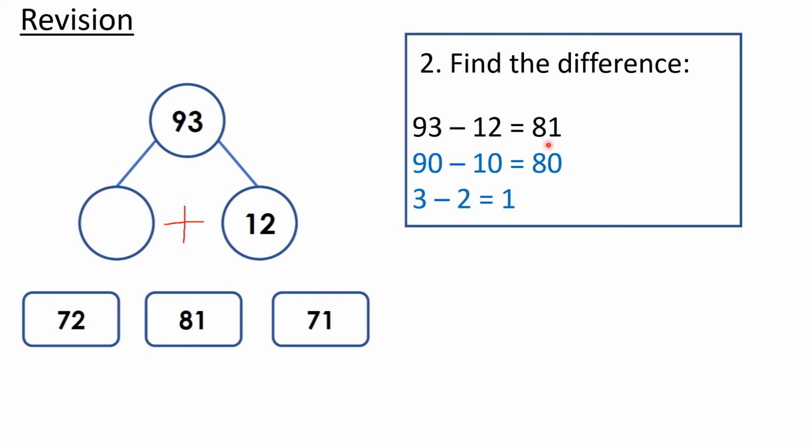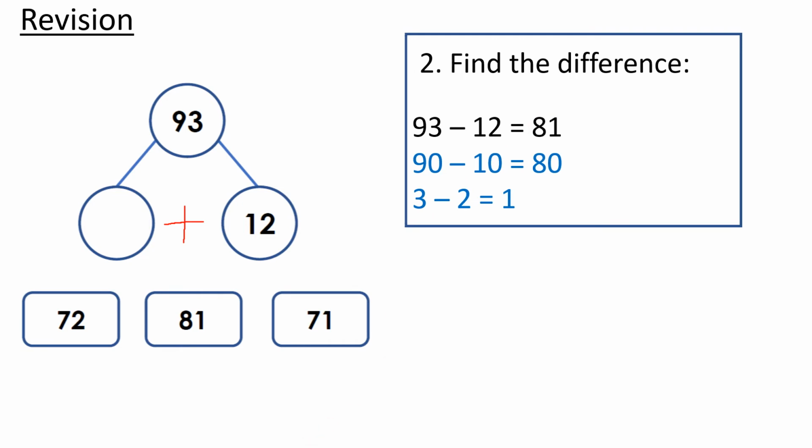And to get 81, I did the same as I did last time, and I partitioned my numbers into tens and ones. So first I subtracted the tens. I did 90 take away 10, which equals 80. Then I subtracted the ones. 3 take away 2, which equals 1. And when I put my tens and ones together, I get 81 as my answer.